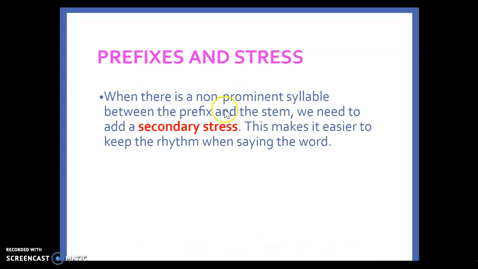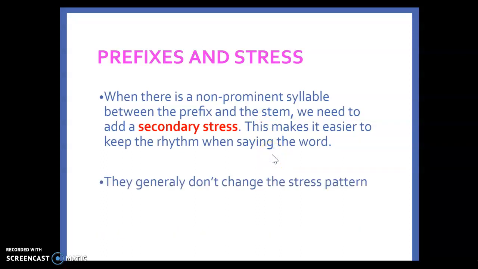Here it says, when there is a non-prominent, that means a weak syllable between the prefix and the stem, we need to add a secondary stress. This makes it easier to keep the rhythm when saying the word. These generally don't change the stress pattern of the root.